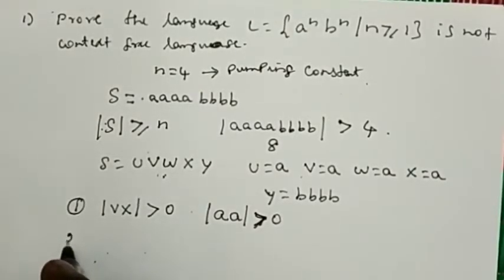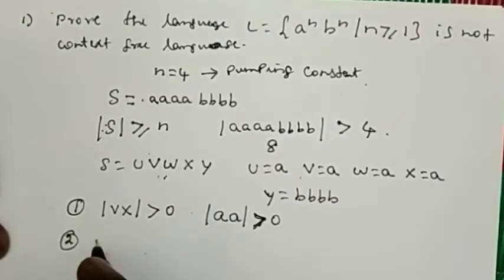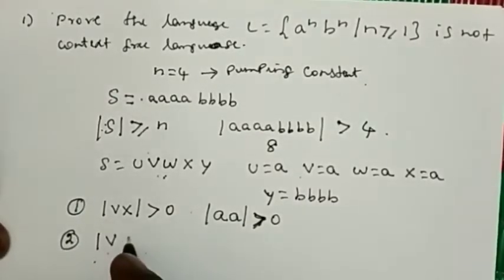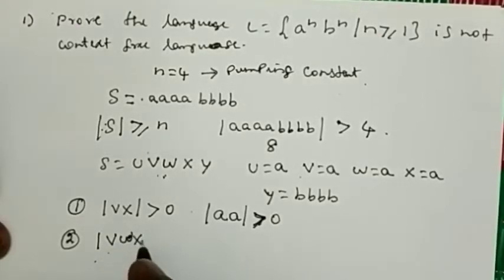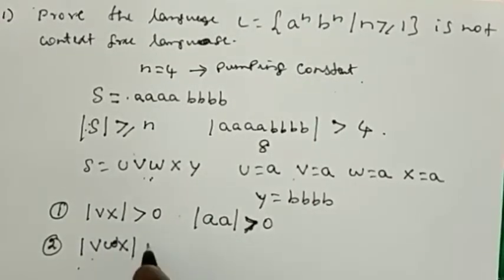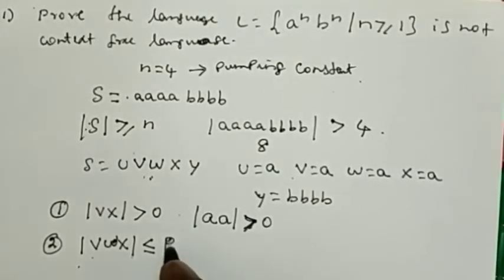Now step number 2, that is constraint number 2: the length of v, w and x should be less than or equal to p. So p is nothing but the pumping constant. In other words, we have taken the pumping constant as n here.